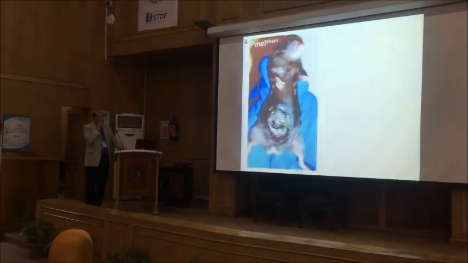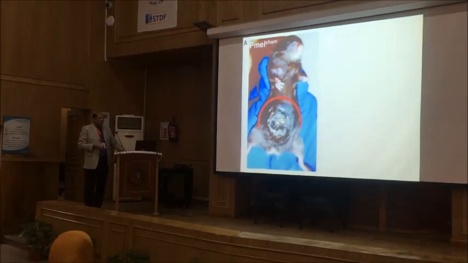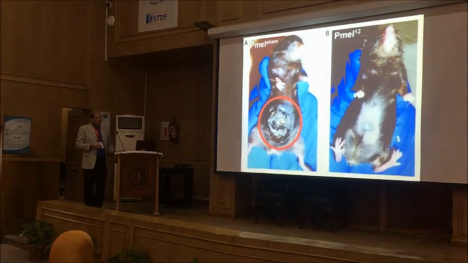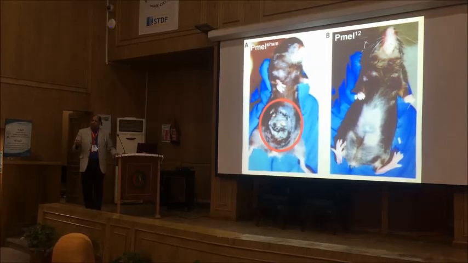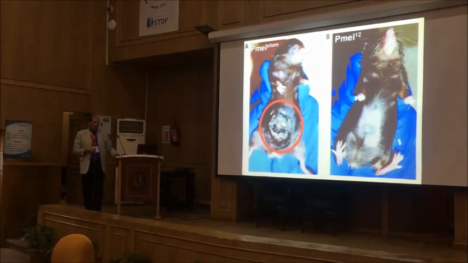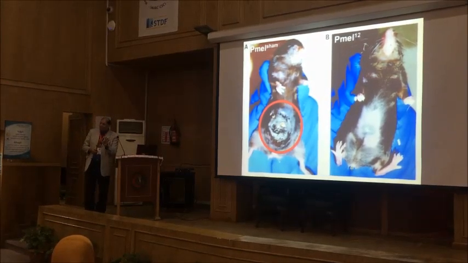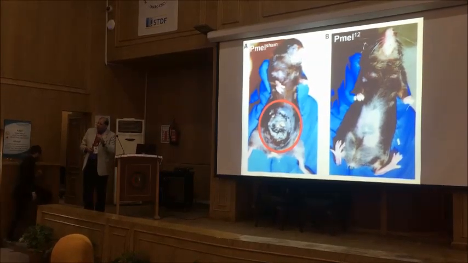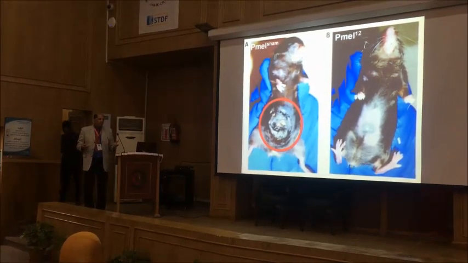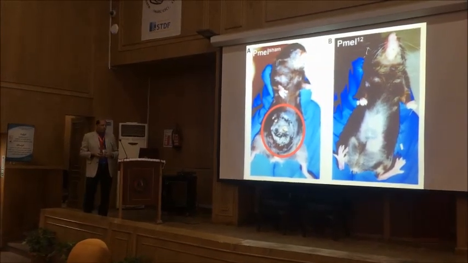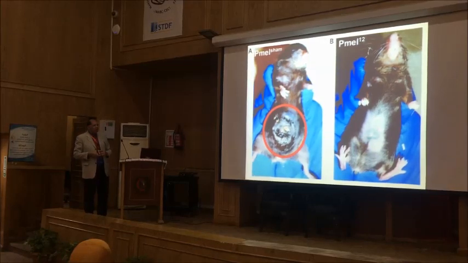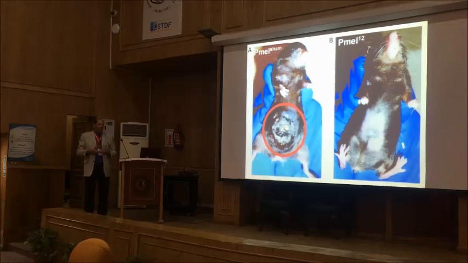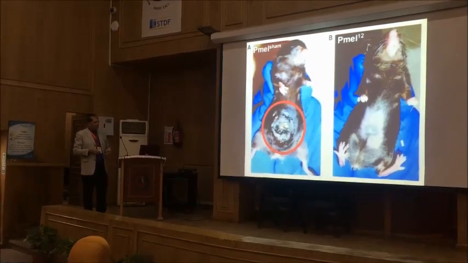This is just representative data, because we use the B-mel model, and GP100 is expressed by melanocytes. When you treat with these cells, you get vitiligo here because they express GP100. You get this white area, an indication that the cells moved into the tumor site and killed the tumor.